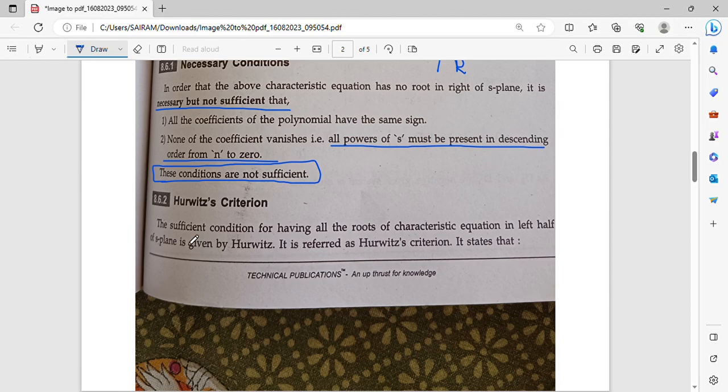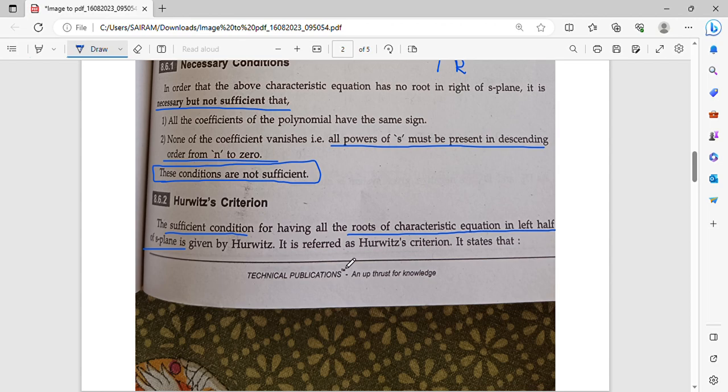He is only talking about the left half, the right half doesn't come in at all. It's only the left half, right? He has given some sufficient condition for all the roots of the characteristic equation to be in the left half of the S plane, right?